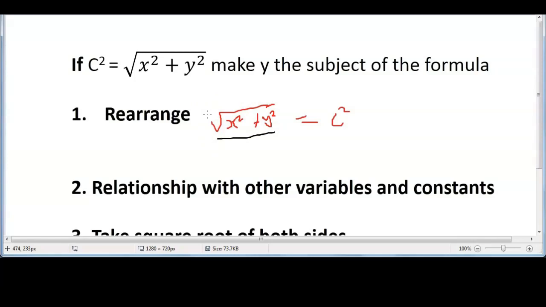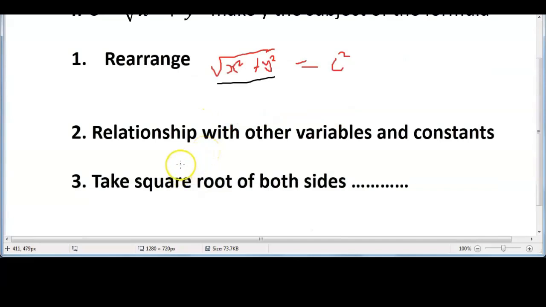So what we are going to do now is to remove the square root first. How do we remove the square root? We square both sides.